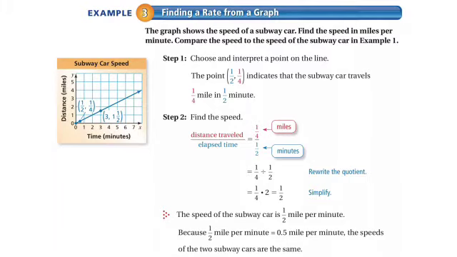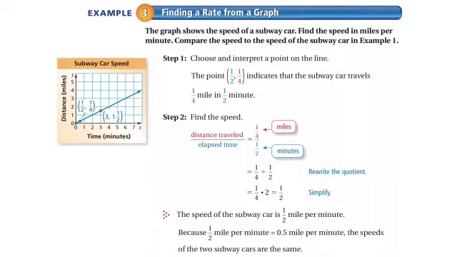For example 3, finding a rate from a graph. The graph shows the speed of a subway car. Find the speed in miles per minute. Compare the speed to the speed of the subway car in example 1. So you'll have to go back to example 1. So step 1, choose and interpret a point on the line. So for instance, they gave us the point 1/2, 1/4.